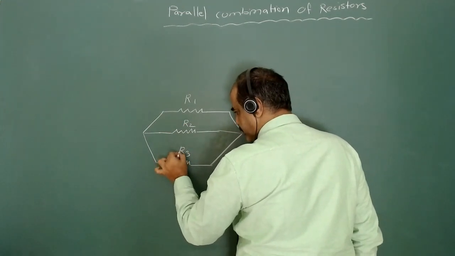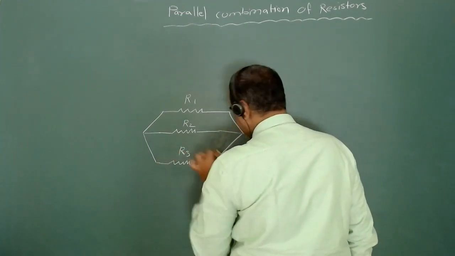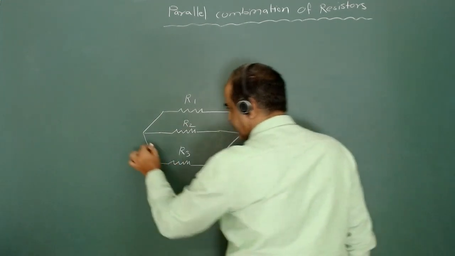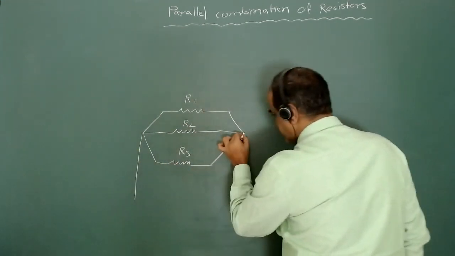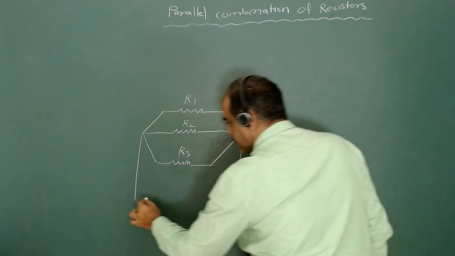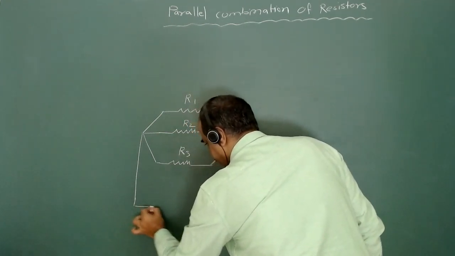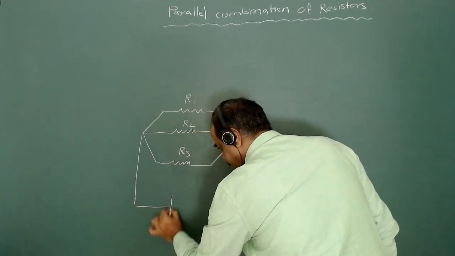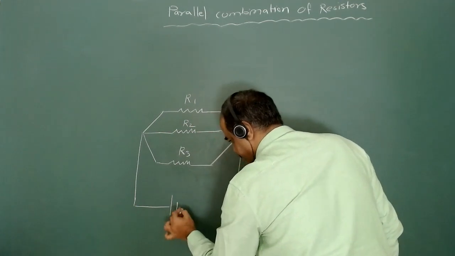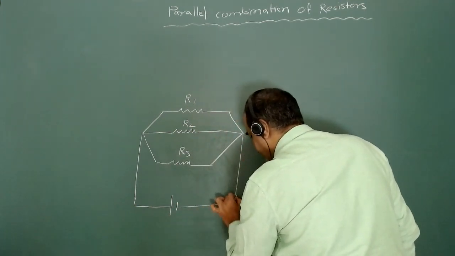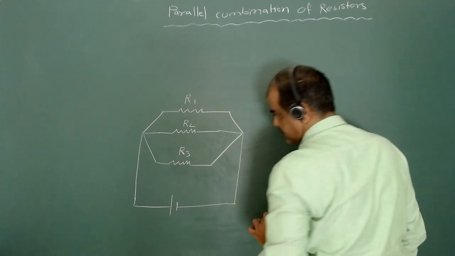So two or more resistors are connected in such a way that the voltage drop across all the resistors is the same. Then this type of combination is called parallel combination of resistors.